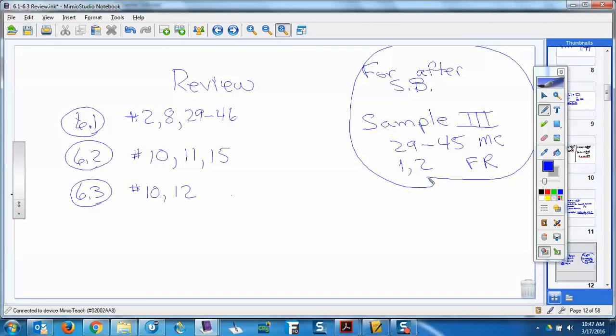So your 6-1, your 6-2. So this is 381. This is 391. There you go.